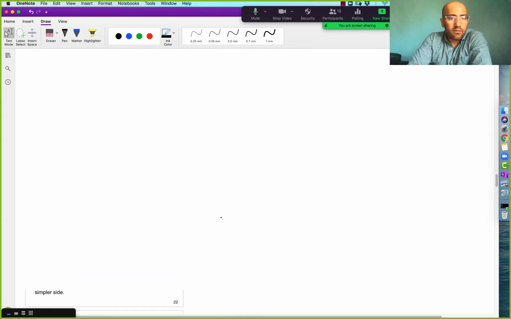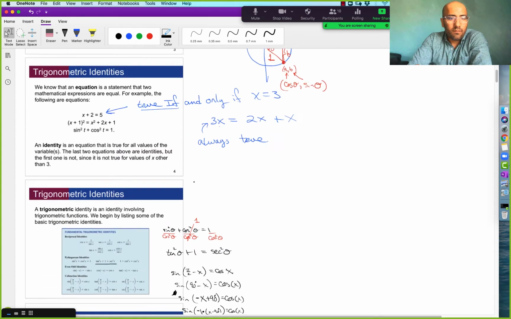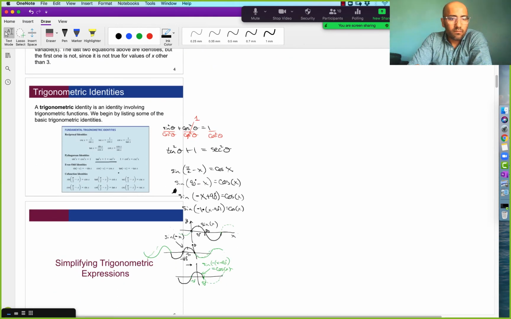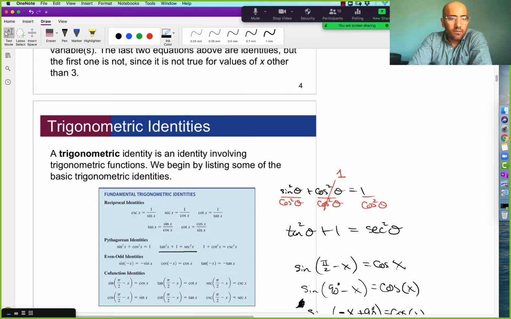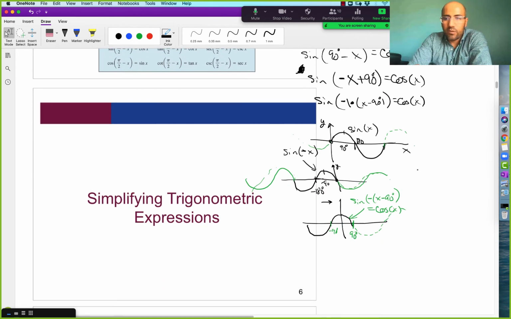I want to use this identity here: tangent squared theta plus 1 equals secant squared. Using this identity, we could have just made life a whole lot easier.